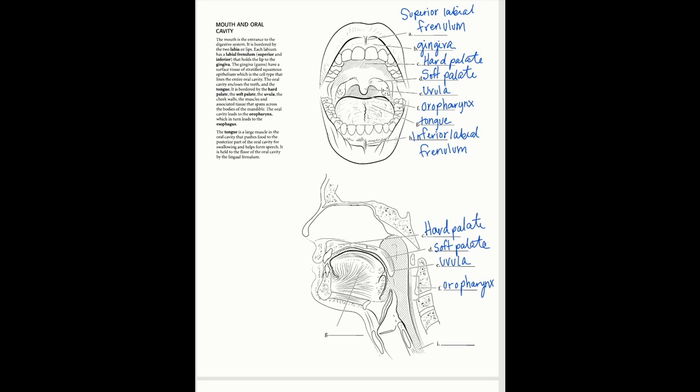And let me correct myself now. I have a feeling that I said that the uvula is where the soft palate transitions, but it actually is where the soft palate terminates. So let me just apologize for that mistake there. We have our tongue here.